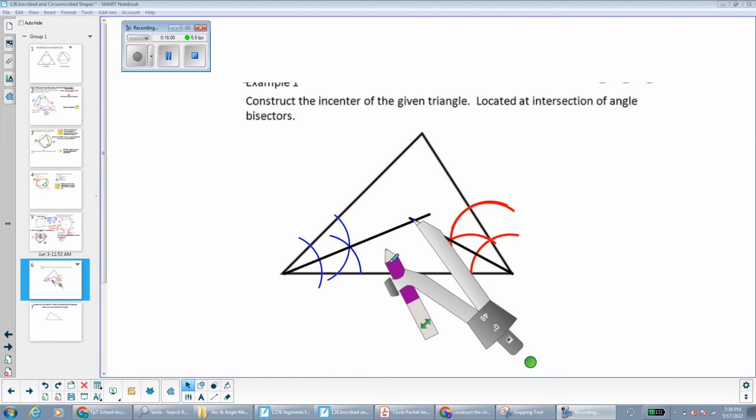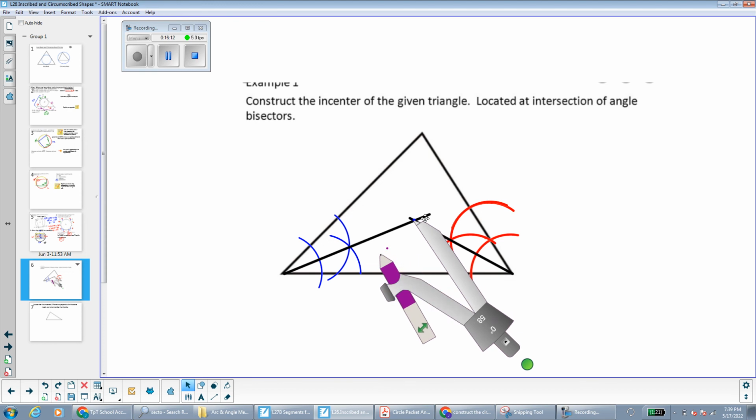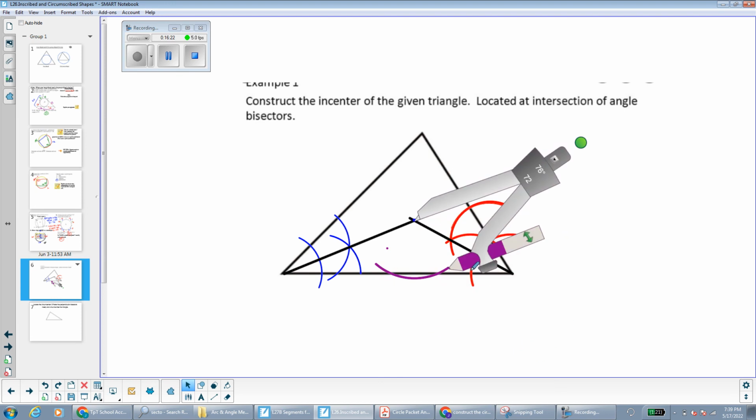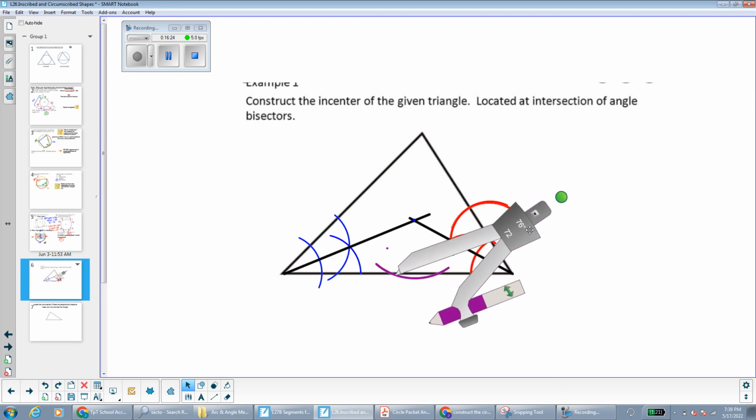Now, as if our angle bisectors weren't enough, we have the center of the circle that we're going to inscribe. We also need the radius so that we can actually construct the circle. So in order to do that, I'm going to construct a perpendicular line through the incenter. So what I'm going to do is construct a perpendicular bisector.